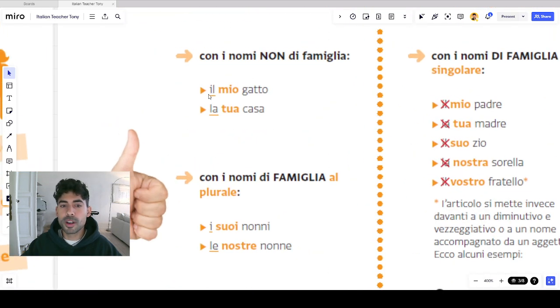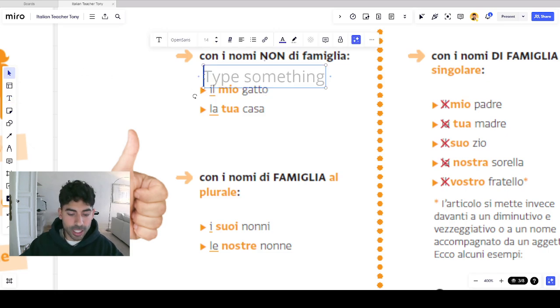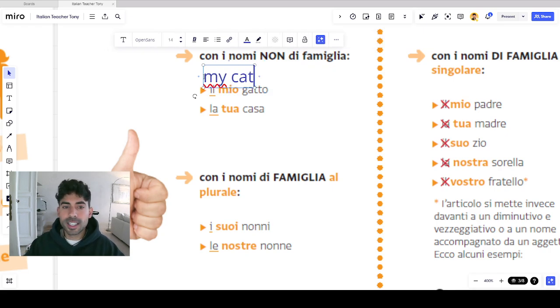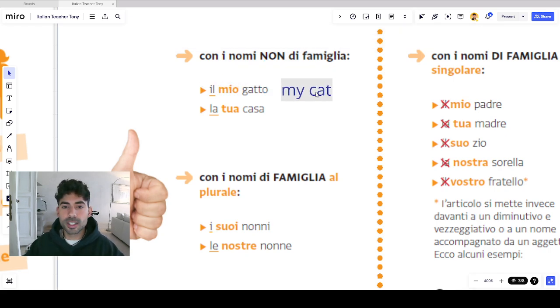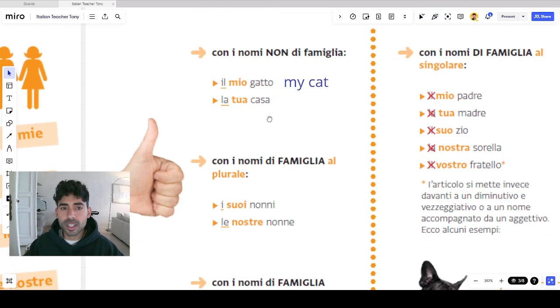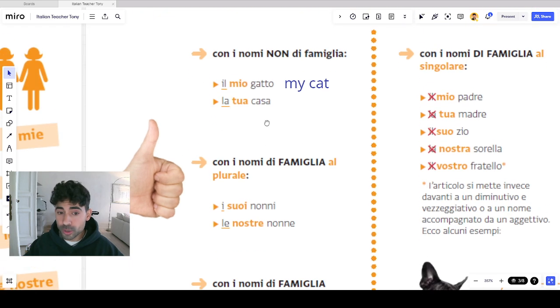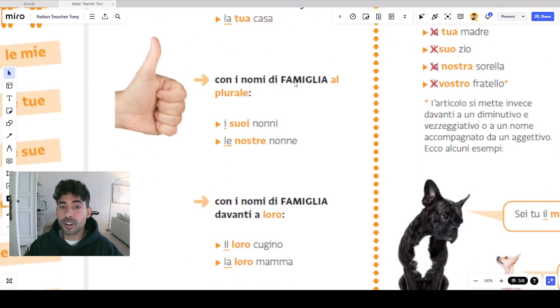For example, my cat would be il mio gatto. This literally translates as "the my cat." Cat is not a family member, therefore we put the article in front. My house, your house, la tua casa. We will also use the article when we are talking about family members, but in the plural.